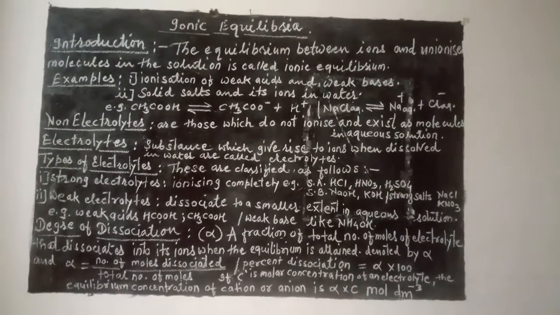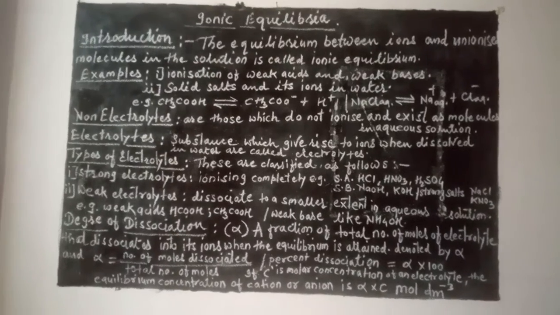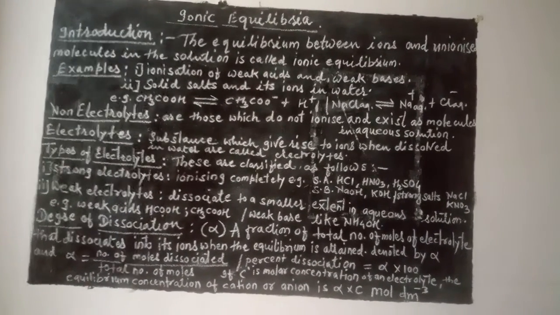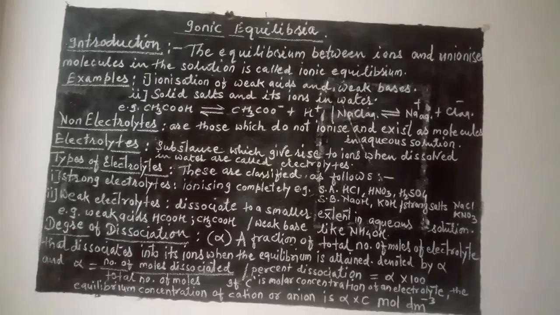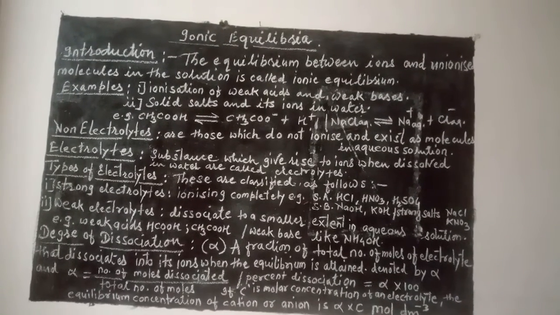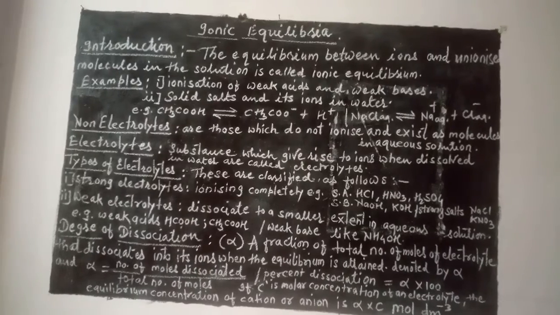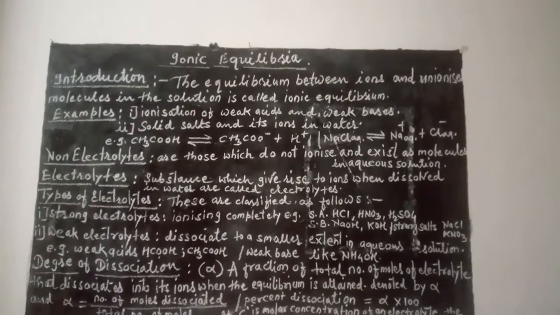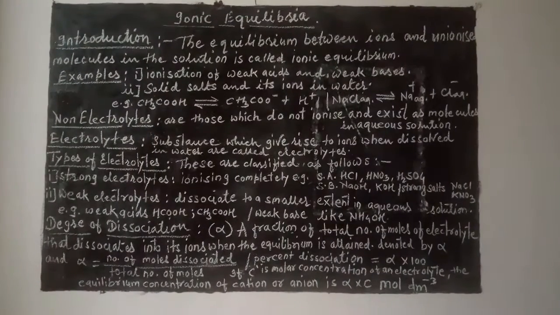Okay. Now we will study the next term, that is degree of dissociation. It tells us how many moles of molecules dissociated from the total number of molecules. So the degree of dissociation is denoted by alpha.